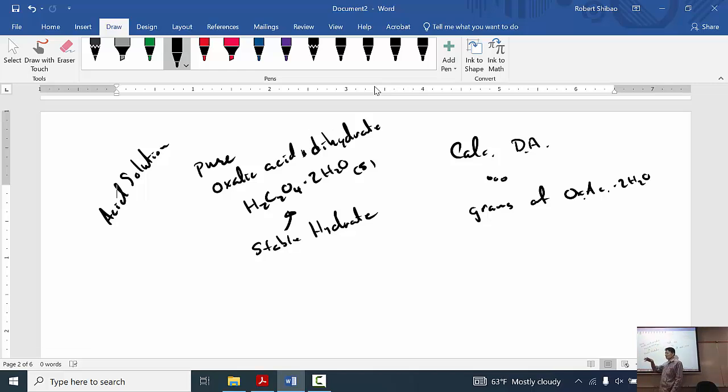So as long as the humidity in the room is okay. Let's say if we're out in the desert, it might not be so stable. Let's say the relative humidity was 0%. If the relative humidity is 0%, then that's going to dry out these crystals. But as long as there's some humidity, then this is it. All right, and we call this a primary standard.